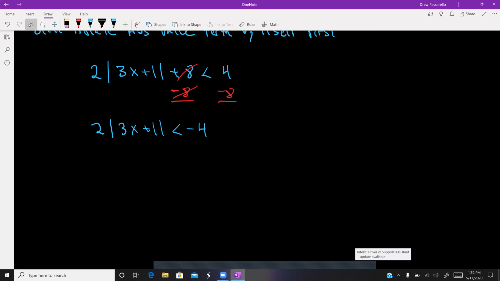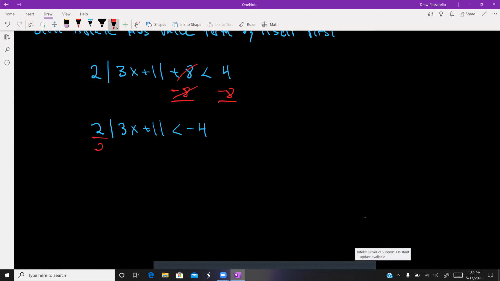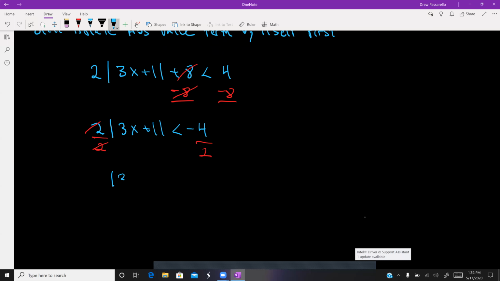And now I divide both sides by 2. So I have the absolute value of 3x plus 1 less than negative 4 divided by 2 is negative 2.